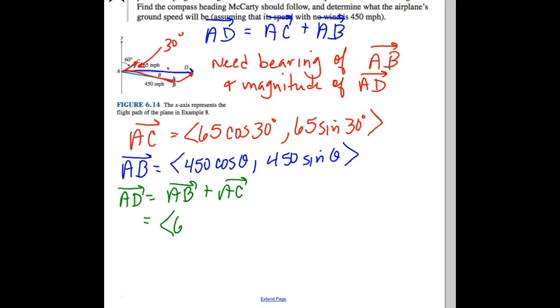So we have 65 cosine 30 degrees plus 450 cosine theta. And then if we add the second components, we have 65 sine 30 degrees plus 450 sine theta. Okay? We good so far?